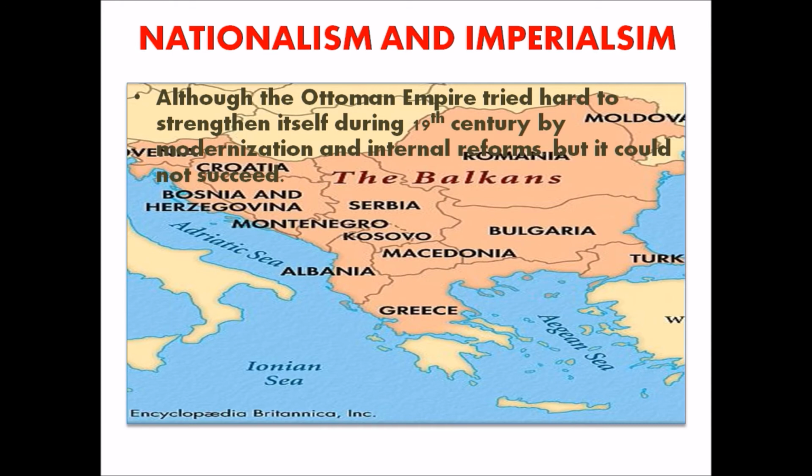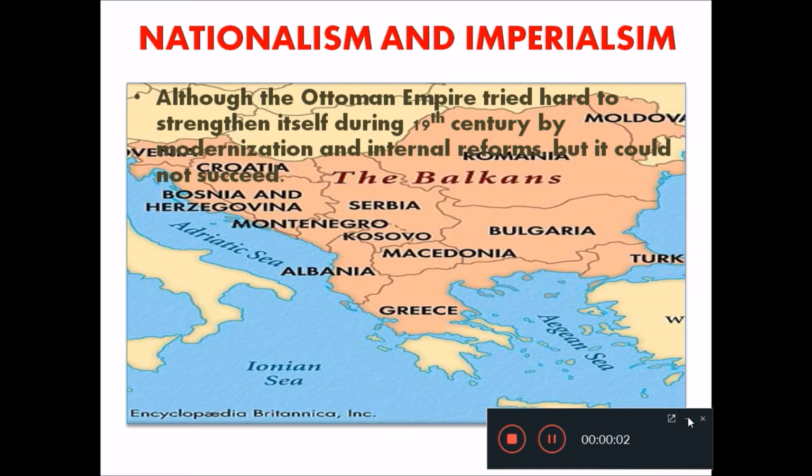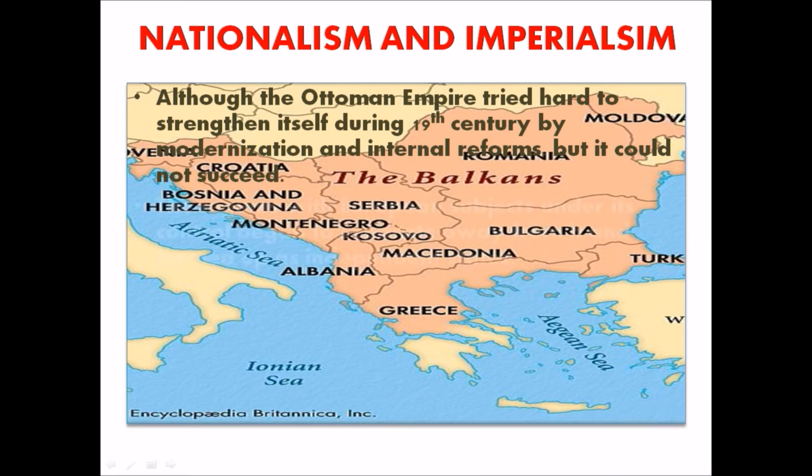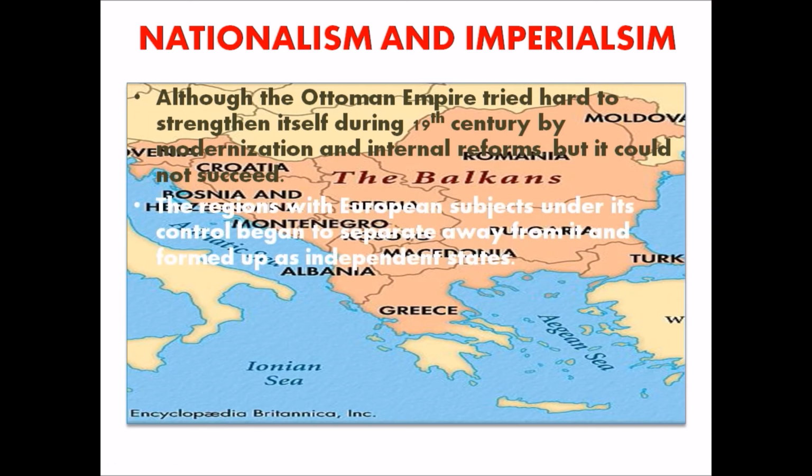Although the Ottoman Empire tried hard to strengthen itself during the 19th century by modernization and internal reforms, it could not succeed. The regions with European subjects under its control began to separate away from it and formed independent states.